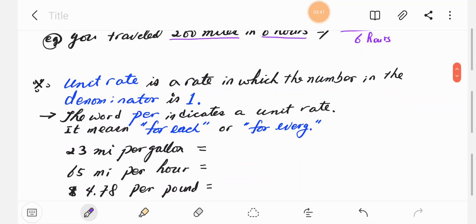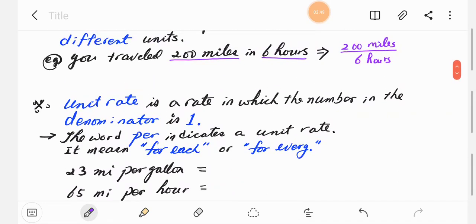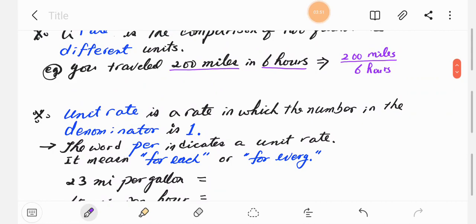Let's say you traveled 180 miles in 3 hours. Then you can write it as 180 miles over 3 hours, right?